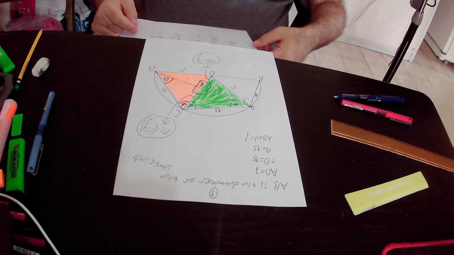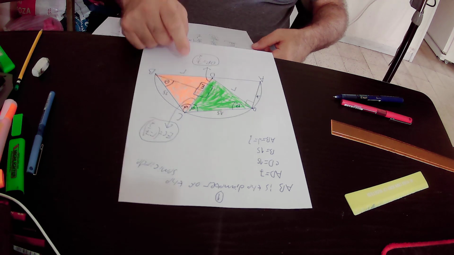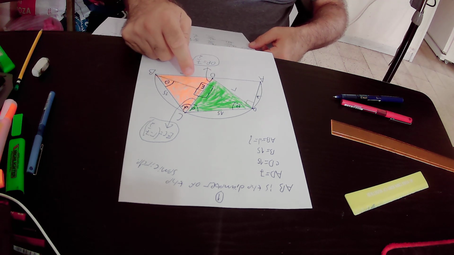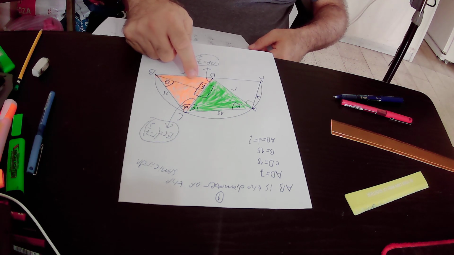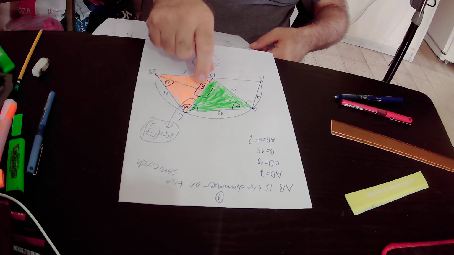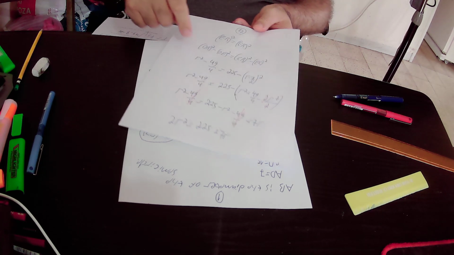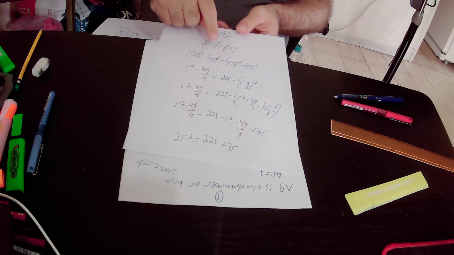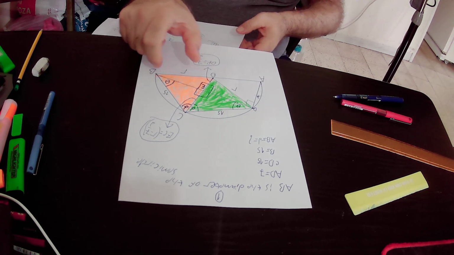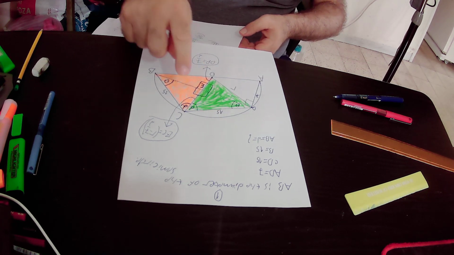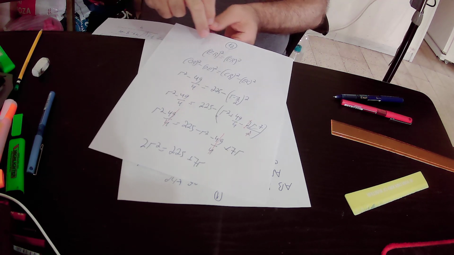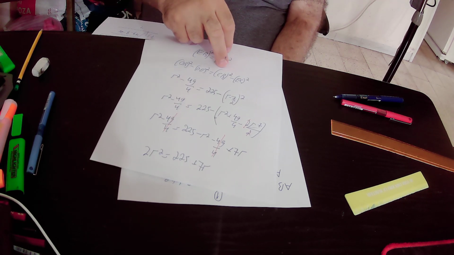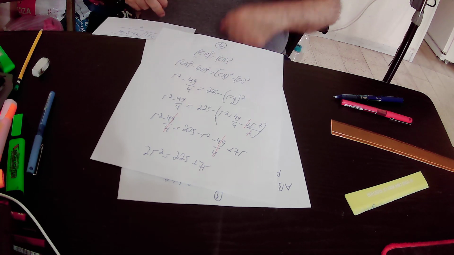Then we implemented the Pythagorean theorem on those two right triangles. EB square in relation to this triangle equals OB square minus OE square, and EB square in relation to this triangle equals CB square minus EC square.